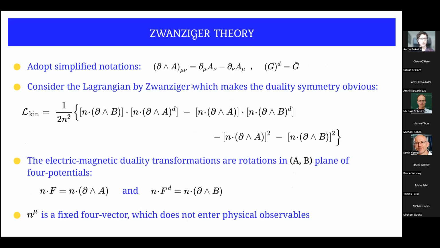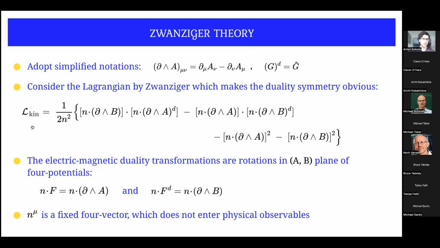Here, let me adopt some simplified notations. I introduce this wedge product sign for d mu a nu minus d nu a mu to write it more compactly. And I will also denote the dual tensor with the letter d in the upper right corner. Then we can consider the Zwanziger Lagrangian, which is written here, the kinetic term of it.